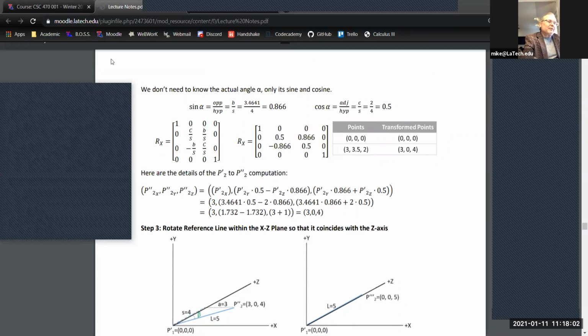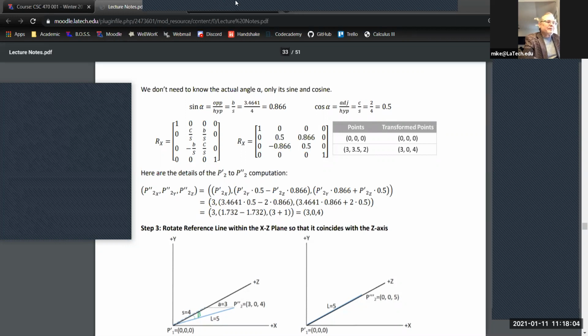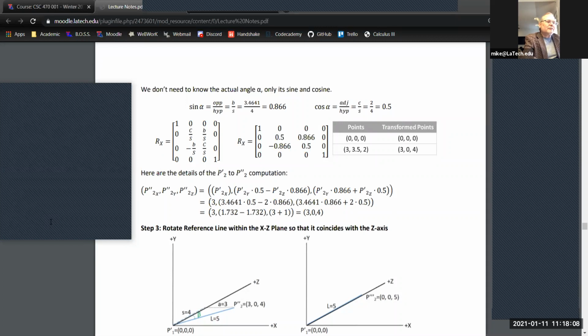So if you're looking back at that little triangle, the opposite is B, the hypotenuse is S. So you've got 3.5 over 4. Again, it's not exactly 3.5. But anyway, you do that division and you come up with 0.866. The cosine of that angle alpha is the adjacent over the hypotenuse. That's C over S. C is 2, S is 4, 2/4 is 1/2, 0.5.